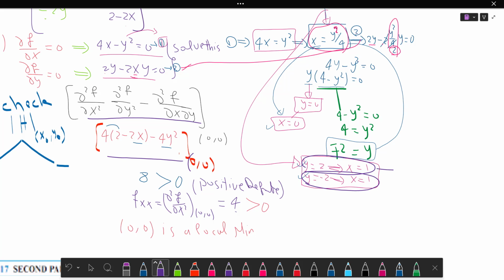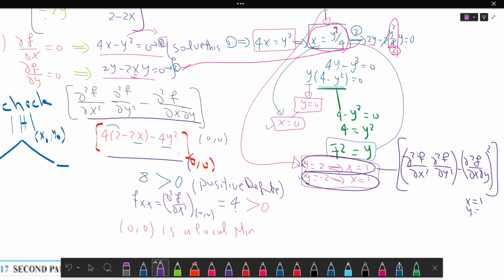Okay, now I go for the partial squared f by partial x squared times partial squared f by partial y squared, minus partial squared f by partial x partial y, squared, at the other point, which is x equal to 1 and y equal to 2.